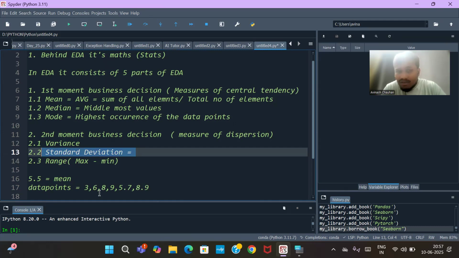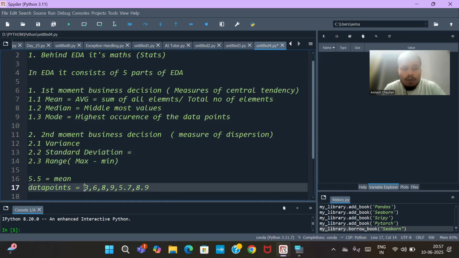Standard deviation is how my data points are dispersed from the mean. Whether some are high, some are low, similar to the mean and overlapping with it, or dispersed to the right, left, high and low, and in the middle again it's the mean. It shows how my data points are dispersed or scattered with relevance to the mean.